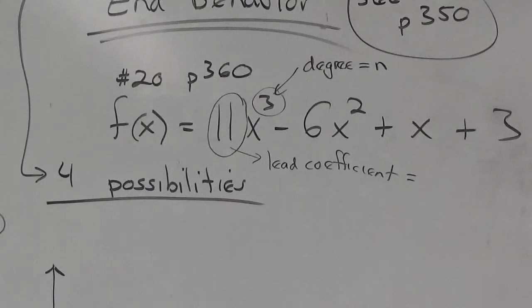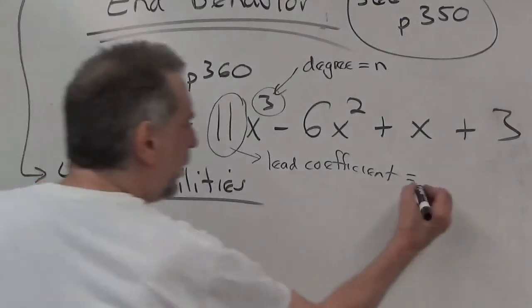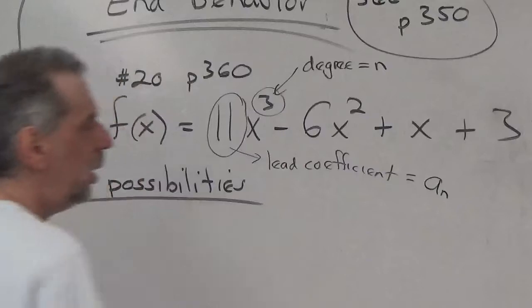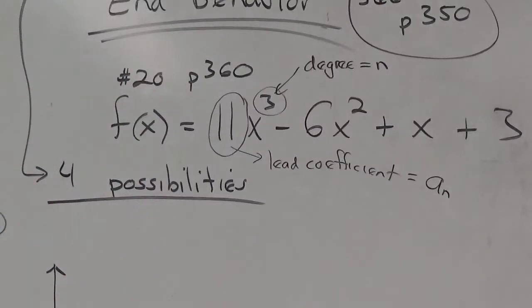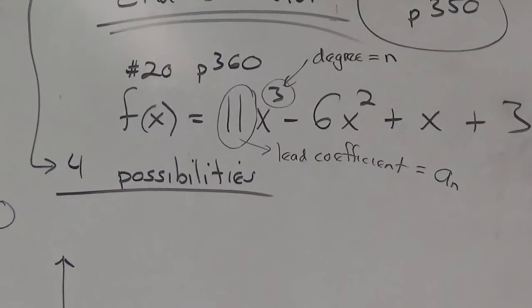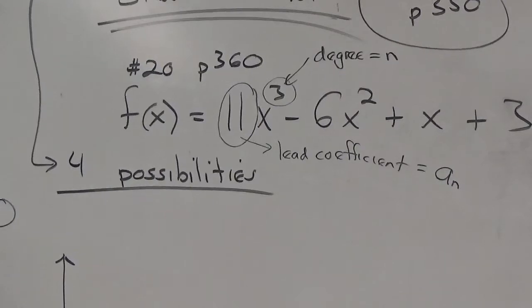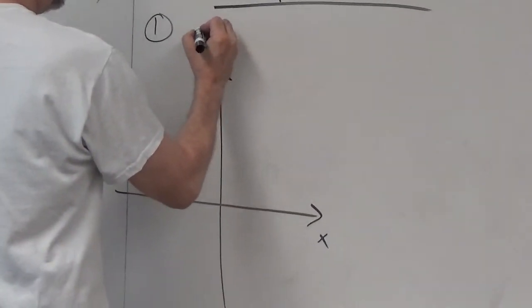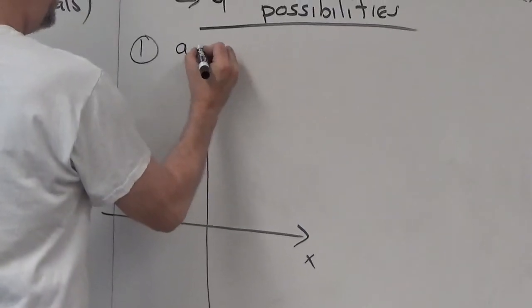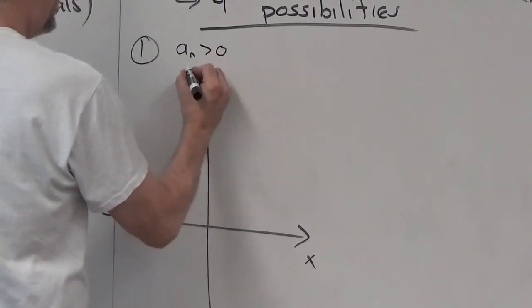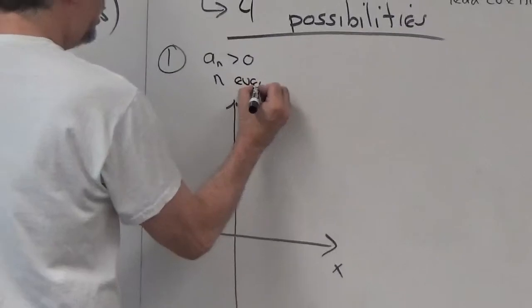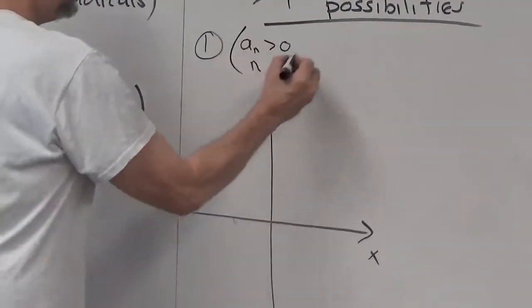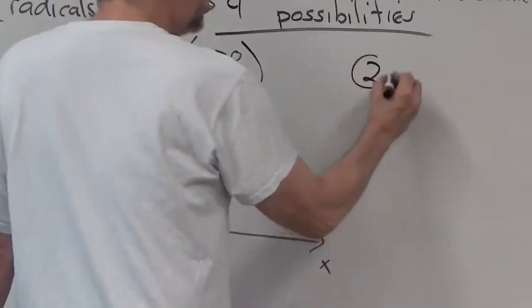Remember that was the lead term in the generic form of the polynomial. Okay, so first case, if the lead coefficient is positive and n is even, we'll list the possibilities first and then we'll show which is which.